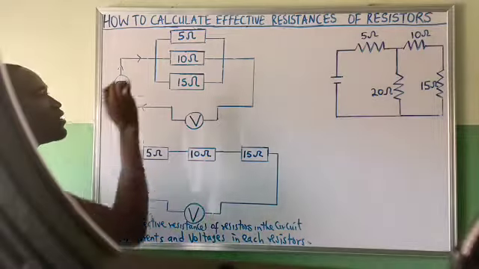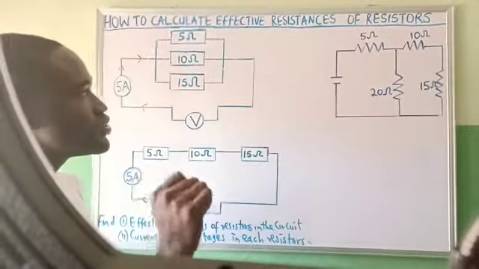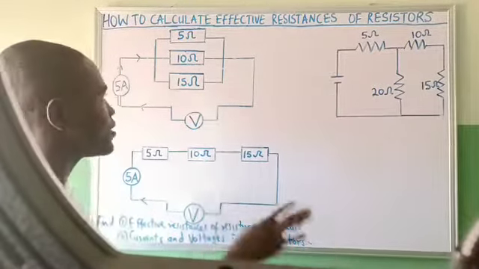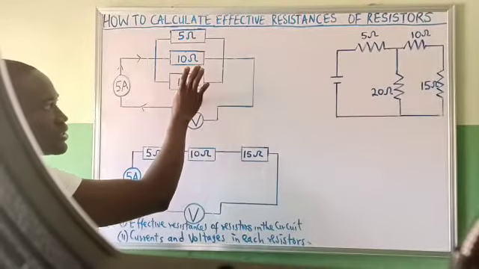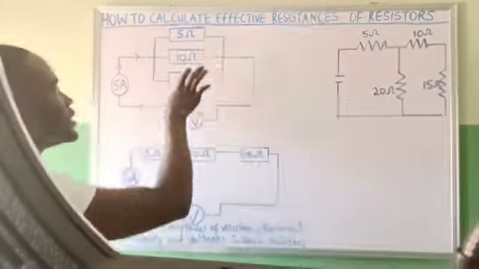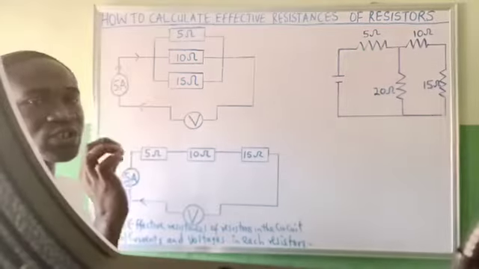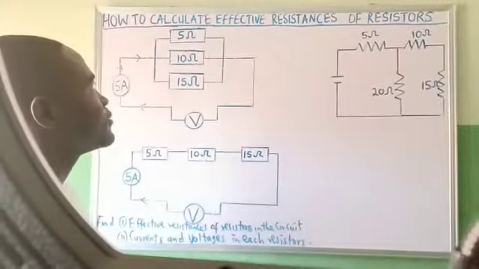Now, whenever resistors are said to be arranged in parallel, it looks possibly in this way. This is a typical example of resistors arranged in parallel.